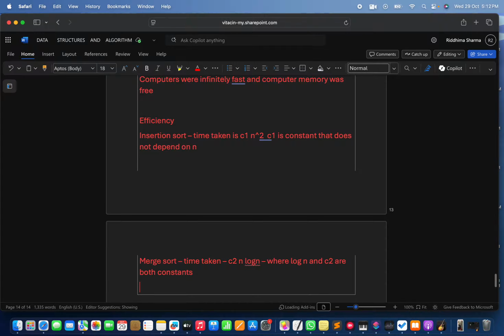Now if we compare merge sort and insertion sort, the insertion sort typically has a smaller constant factor than merge sort, so that C1 is less than C2.